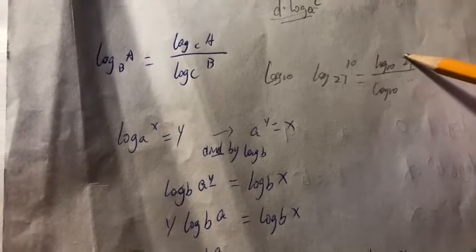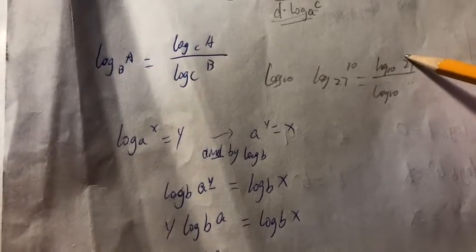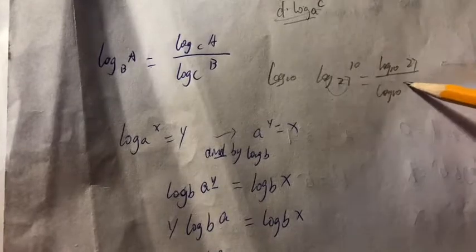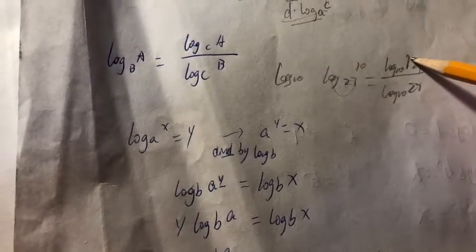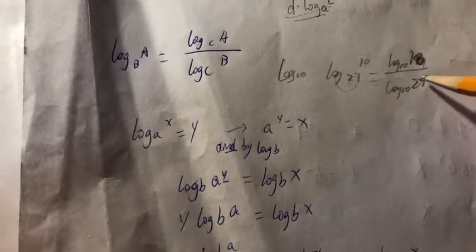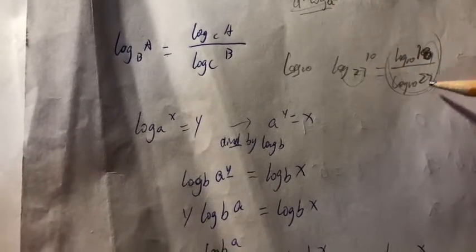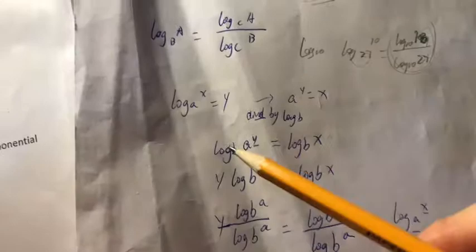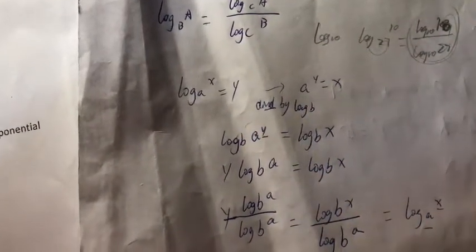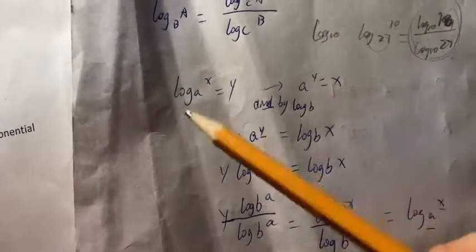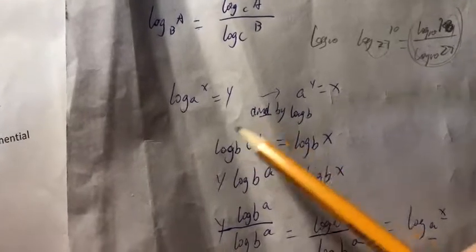Oh shoot, sorry, it's wrong. It's b. This is on the bottom, 27. This is 10. And this you can just type in and get the correct answer. And this is the reason the teacher doesn't tell you why this works this way, and here's why.